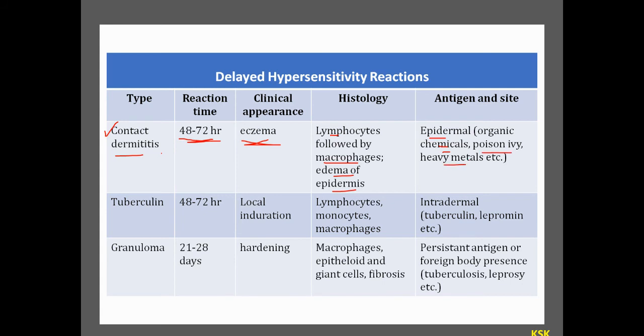If a sensitized person is exposed to these, they act as antigens. Suppose this person is exposed to any of these chemicals, then these act as antigens and stimulate the lymphocytes, followed by the macrophages, and finally it leads to edema of the epidermis, which results in eczema.